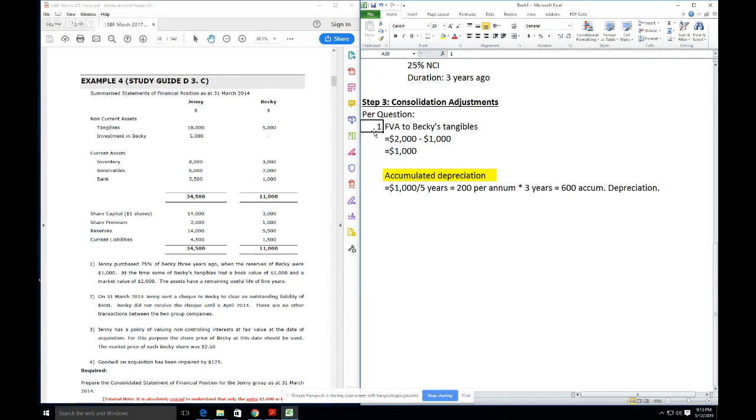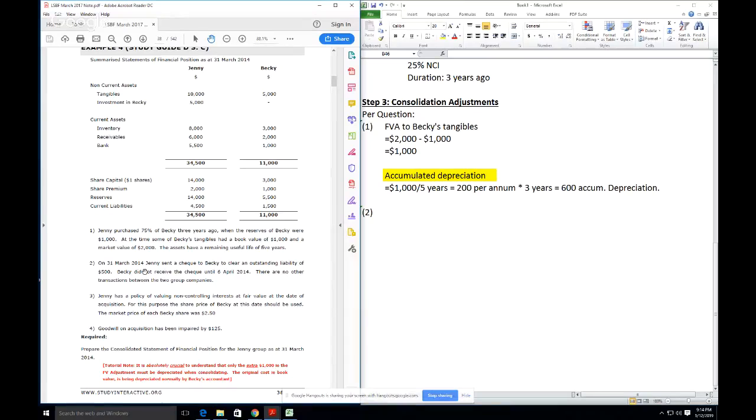Okay, let's do another one for consolidated adjustments. What other one do we have? Let's see. It says 2. On 31st March 2014, which is when we are consolidating, Jenny sent a check to Becky to clear an outstanding liability of $500.